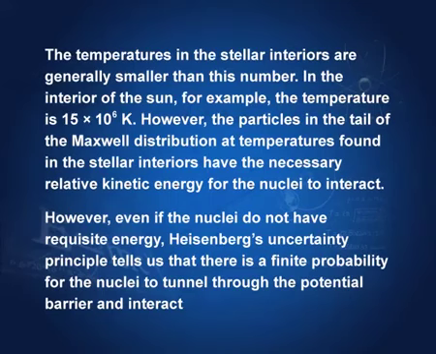Now, we know that in the sun we never have this kind of temperature. The temperature in the interior of the sun is 15 million degrees, 15 into 10 to the power 6 K. So where do you get the relative kinetic energy of the two protons to make them combine? Well, one of the ideas is the tail of the Maxwell distribution.